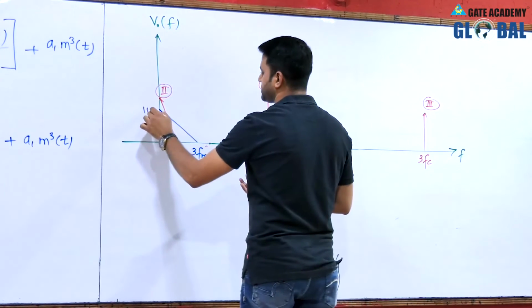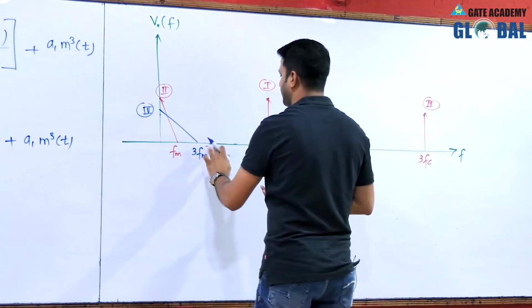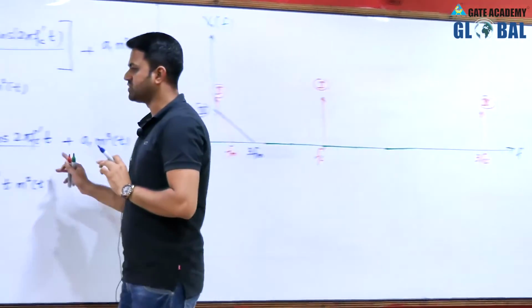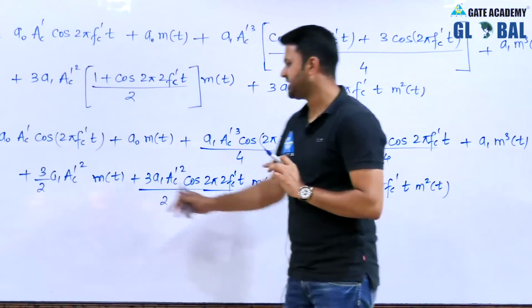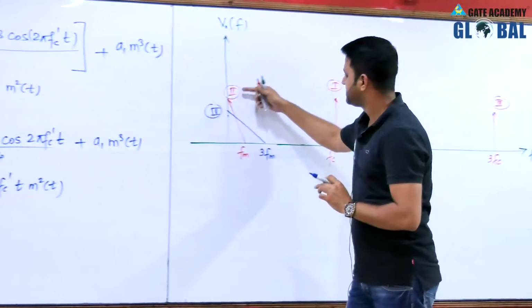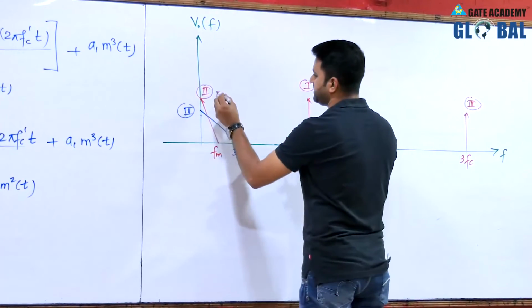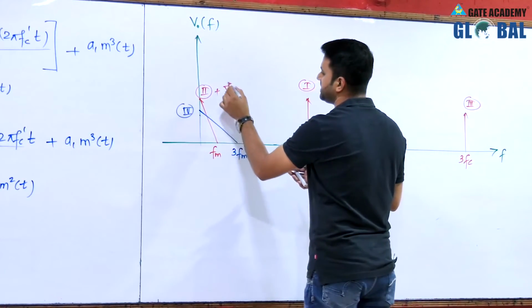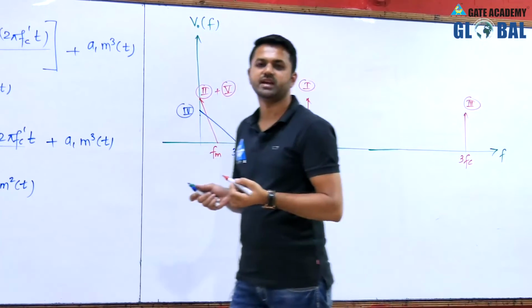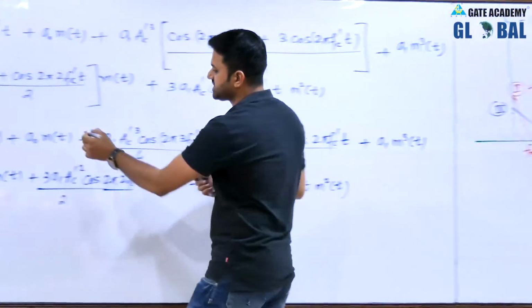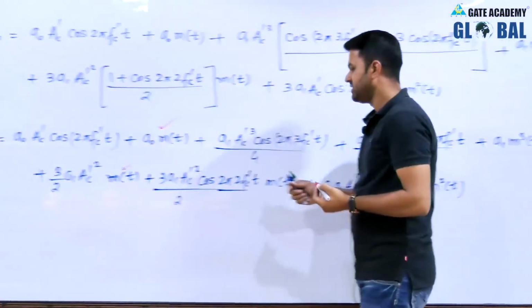This is our fourth term. The fifth term has m(t), the same term, so it will add with the second term. So the second and fifth terms will be added together and the amplitude will be increased. So this term and this term we can add.